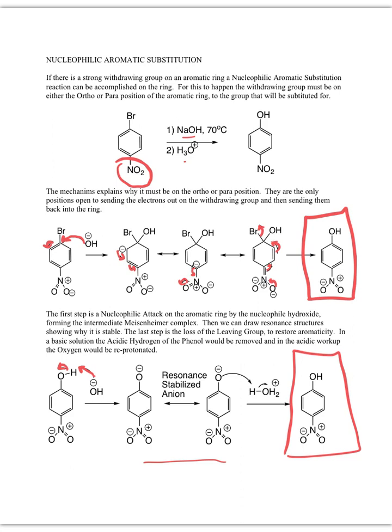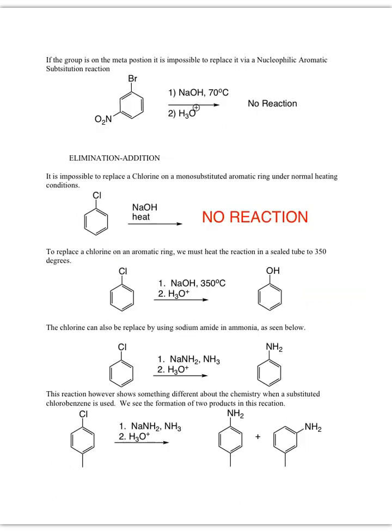And it has to be ortho or para to the leaving group on the ring. So if the strong withdrawing group is meta, it's no reaction because we cannot send the electrons from the hydroxide. If it adds in, we can't get it to go out on the nitro, period. So it's no reaction. Okay.